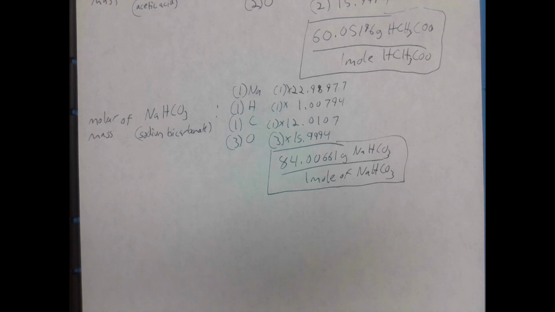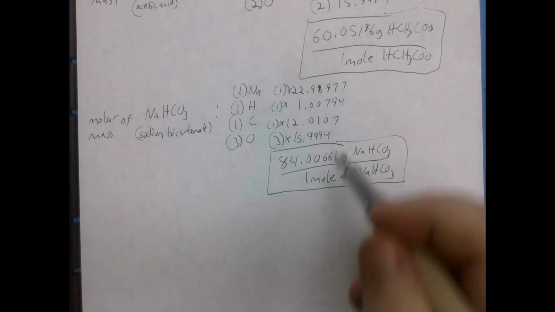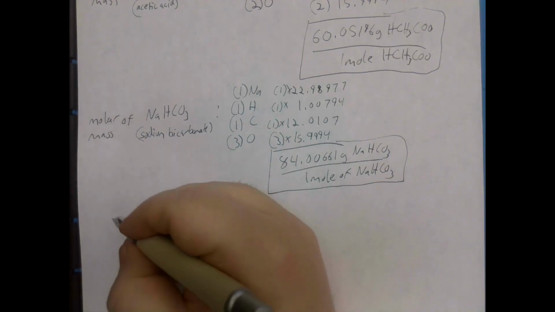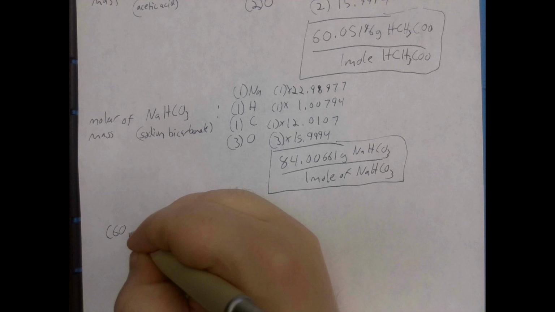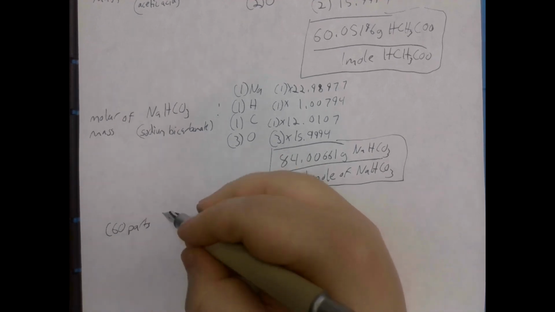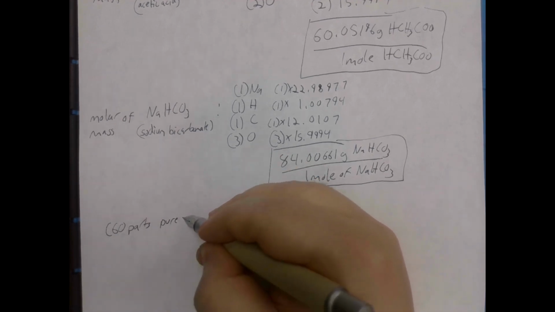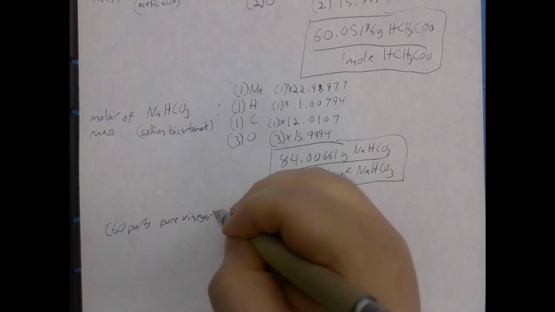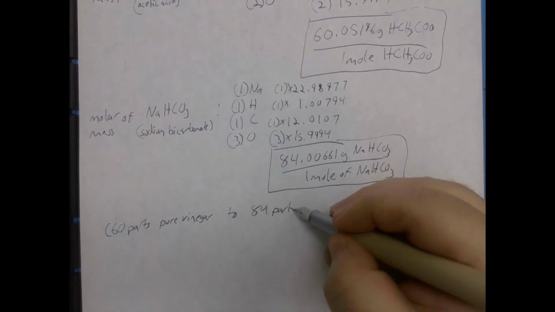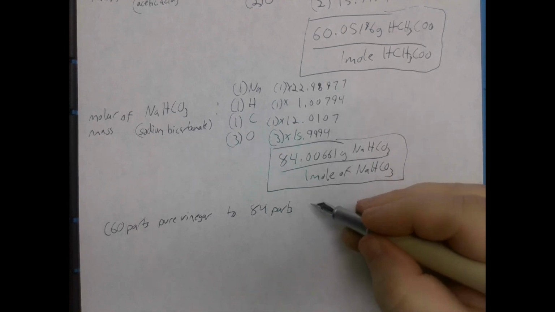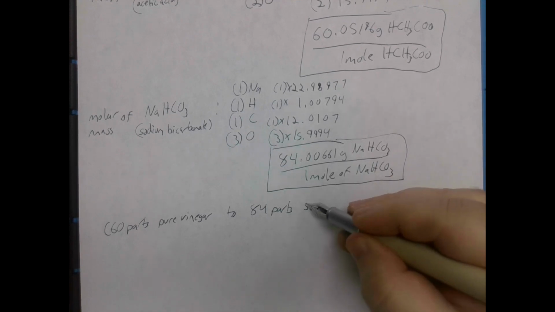So if I have pure vinegar, I want to do it at this ratio. Approximating, I want to do 60 parts vinegar to 84 parts sodium bicarbonate, baking soda.